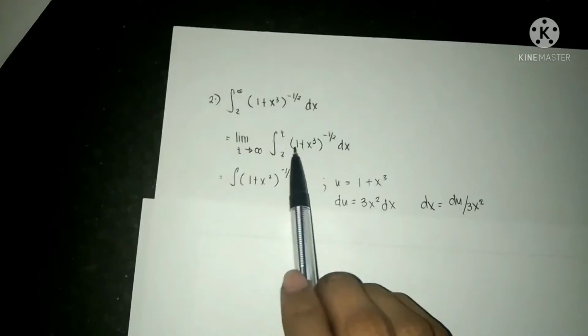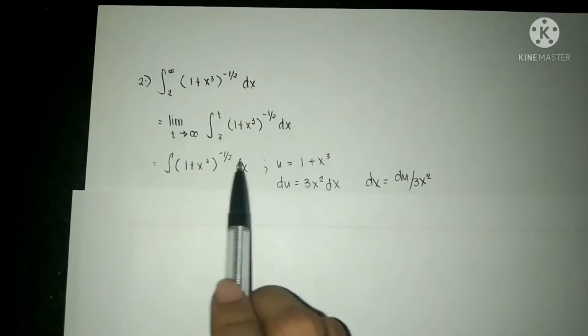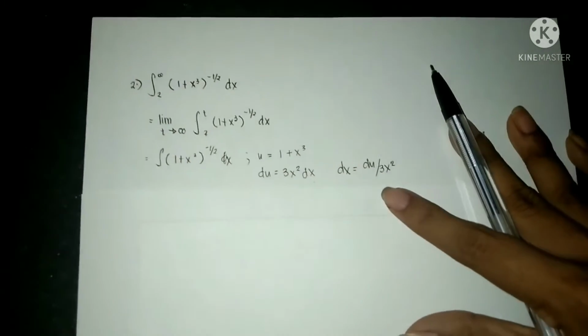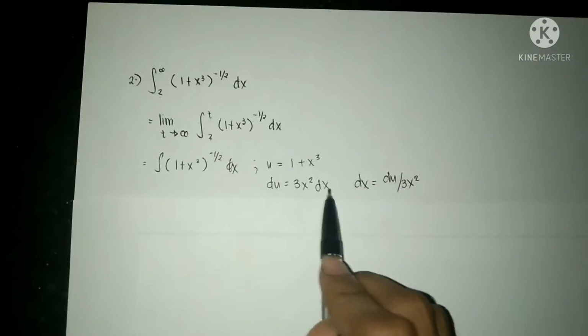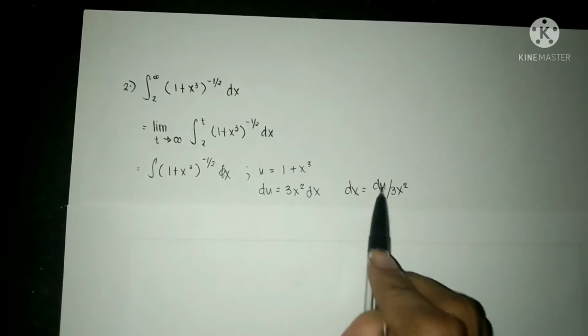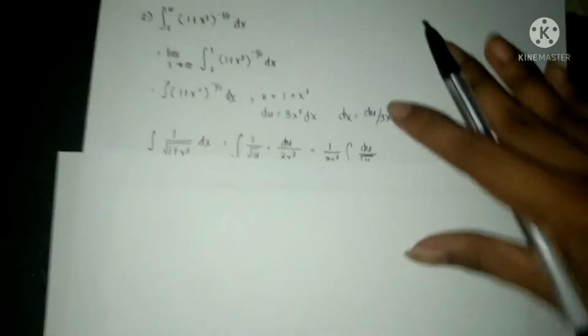So, let's get the integral of this. So, the integral of 1 plus x cubed raised to negative 1/2 dx. Let us make u as 1 plus x cubed, and du is equal to 3x squared dx, and dx will be du over 3x squared.